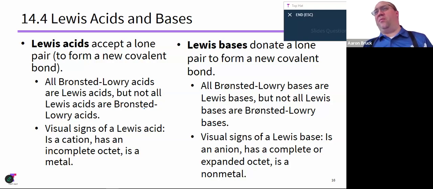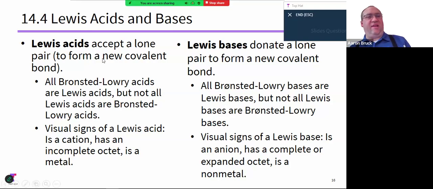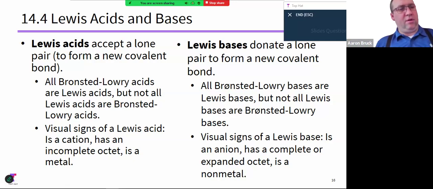Under Bronsted theory, the proton donor was the acid. Under Lewis theory, the electron pair donor is the base. But the whole point of a Lewis acid is that we're getting a new bond to form.